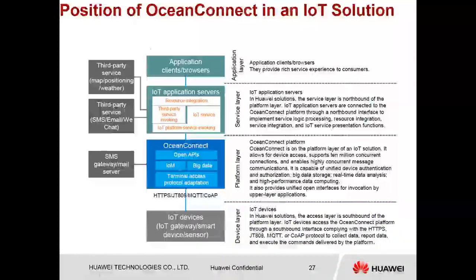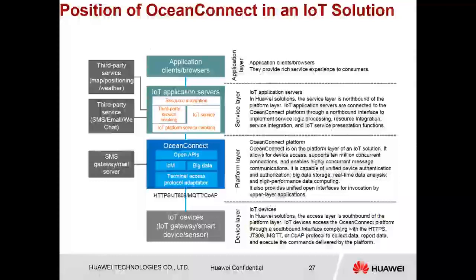And the blue part is our platform. We have the permanent access protocol adaptation, which can support different kinds of protocols and access different kinds of devices. And the next is the IoT application service.